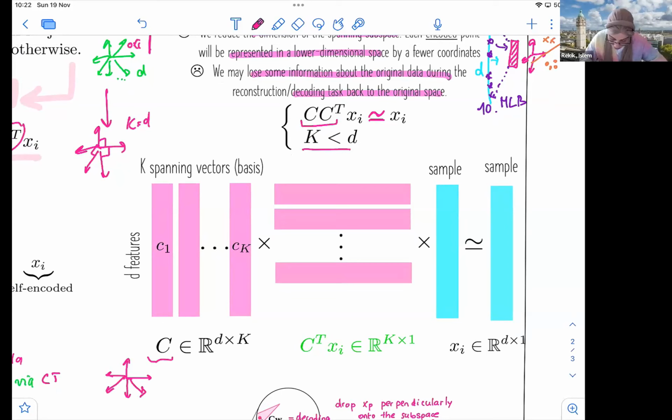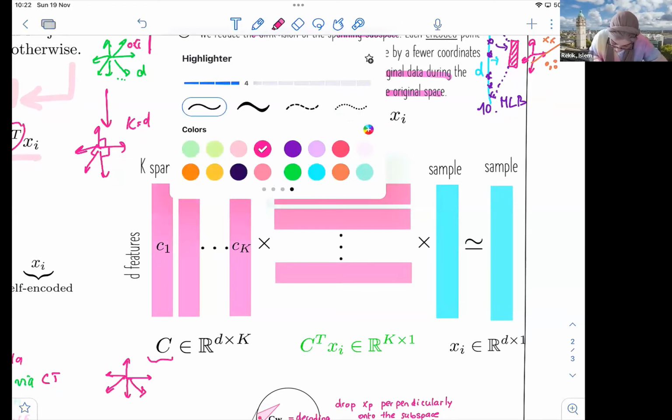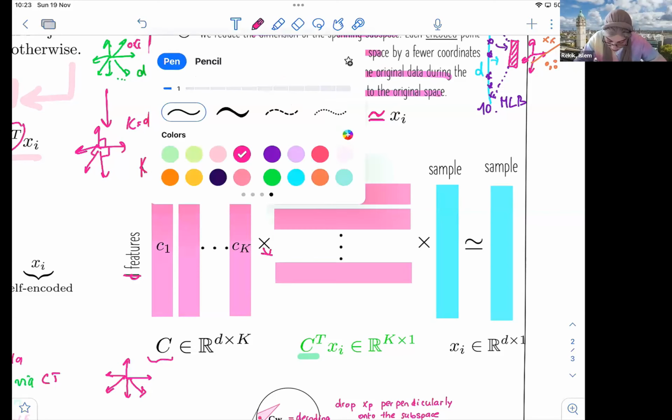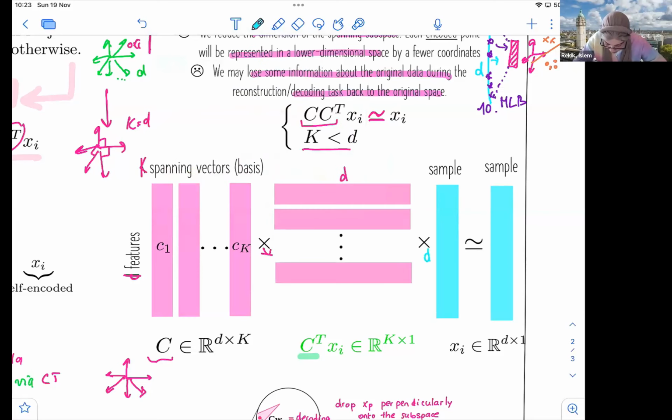So now we're going to multiply C by C transpose. This is the C transpose right here. We transpose the matrix, so if C is D times K, the transpose will be K times D. And then we have one single sample that we want to represent, which is D times 1.